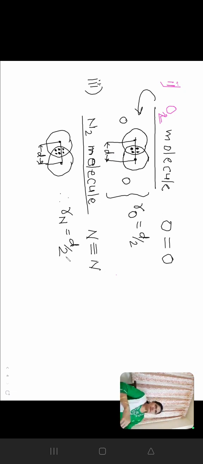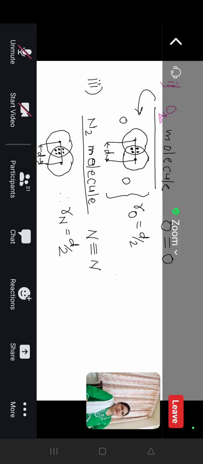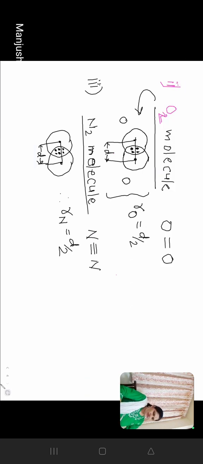Followed? I have drawn the diagram. Explanation is same. I have given you 3 examples: H2 molecule, O2 molecule, N2 molecule. Now we'll see van der Waals radius. Second type of radius is van der Waals radius.